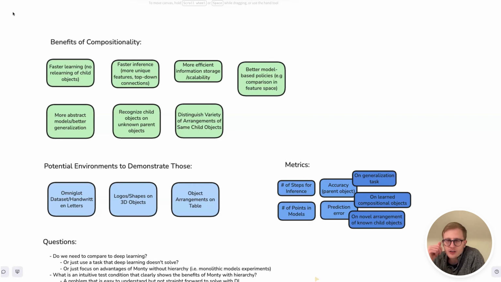But yeah, the high-level question we're talking about now is whether we should write a paper on the benefits of compositionality, and to determine that answer, what would we want to show in such a paper? It doesn't strike me as a terribly exciting topic.